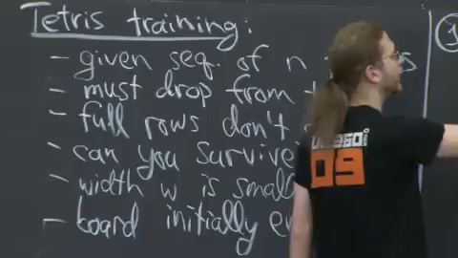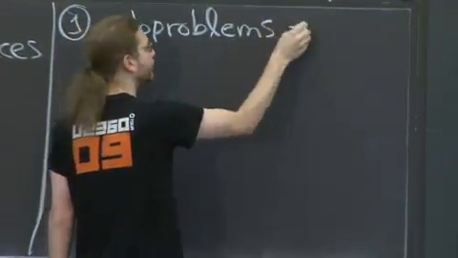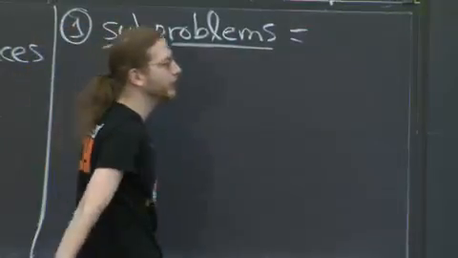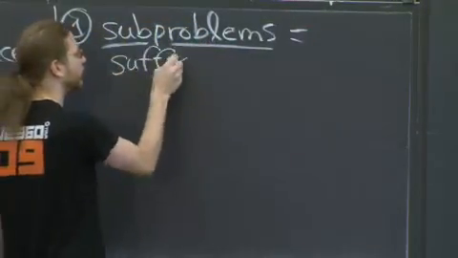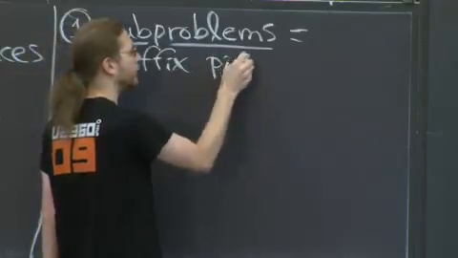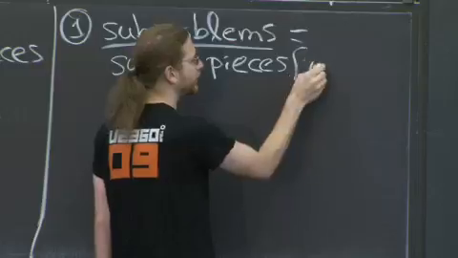So how do we do it? We define subproblems. Just like before, the obvious thing to try is suffixes. How do we play the suffix of pieces I onwards?